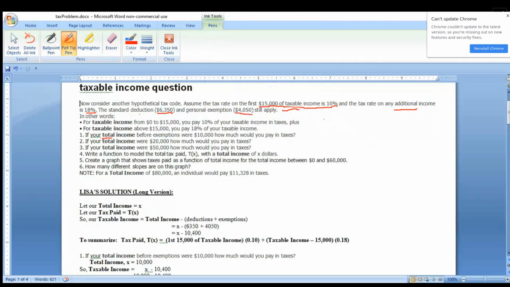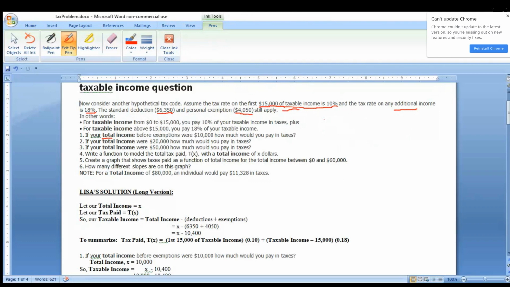Now they're assuming that you know what those two words mean. Those are perks that we're allowed to subtract from our total income in order to get our taxable income.